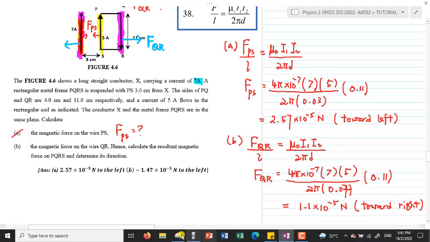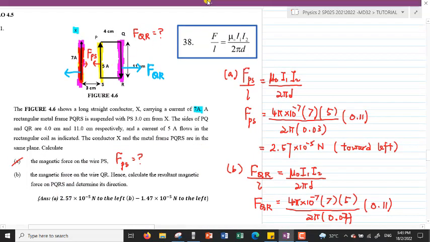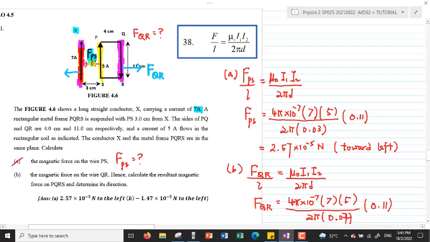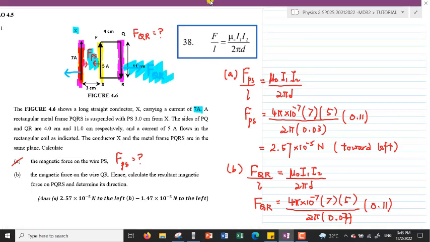Okay, then we can calculate the resultant force acting on wire PQRS. We will notice that there are two forces acting on PQRS, which are force PS and also force QR. They both point in opposite directions.